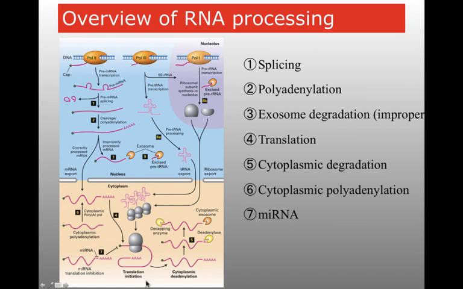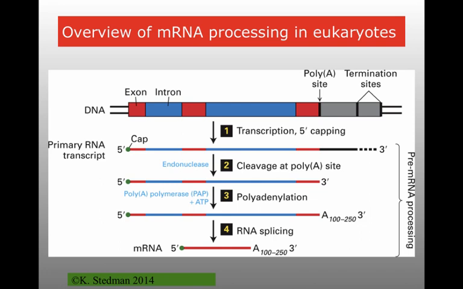Also regulation of the amount of RNA that you have in the cytoplasm with lots of exonucleases. So exonucleases, again, these are nucleases that chew in at the ends of nucleic acid structures, either being DNA or RNA. In this case, these are all RNA exonucleases.